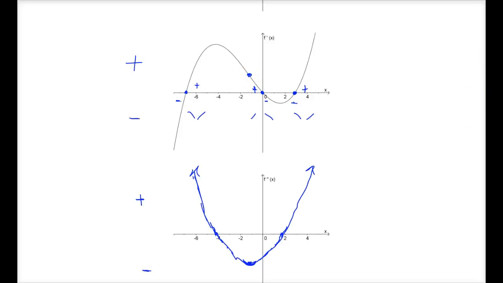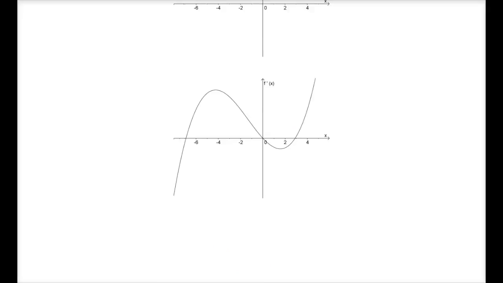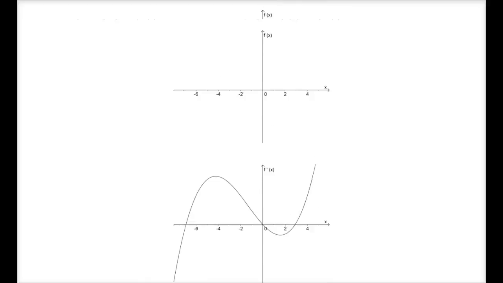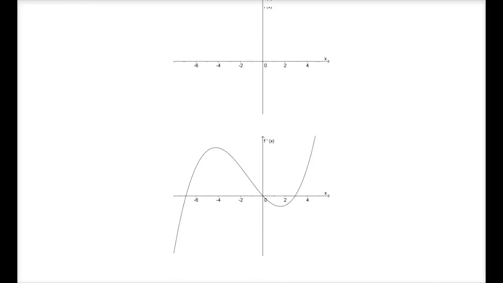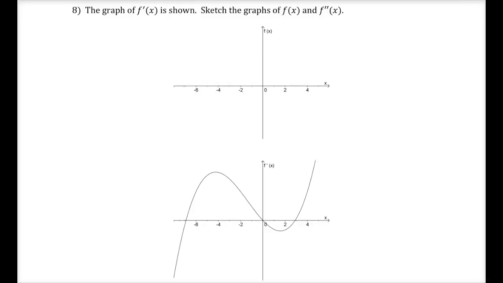So here we're thinking backwards. We have the place where the derivative either tops off or bottoms out, and so now we need to translate that into a particular inflection point for our graph. So let me get this steady here. So we notice that we have a peak here for our derivative and a dip there for our derivative.